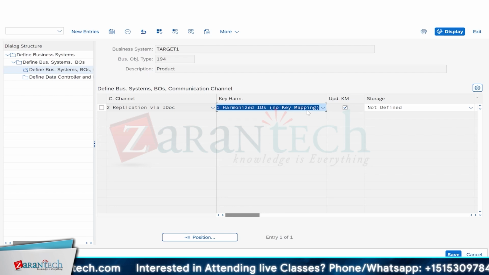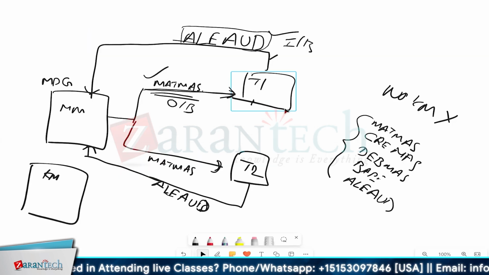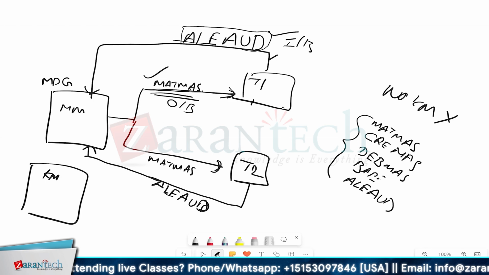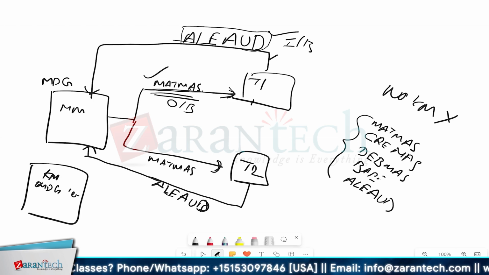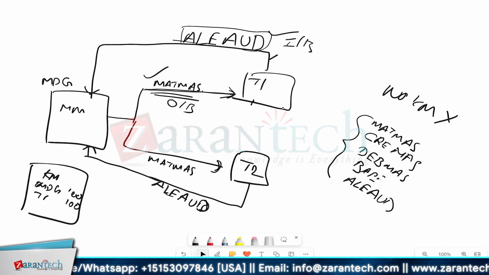But what I understood, my observation, is that when you specify this harmonized key, the system will still make an entry into your key mapping table, like MDG material number is 100, and T1 target system, again material number is 100.